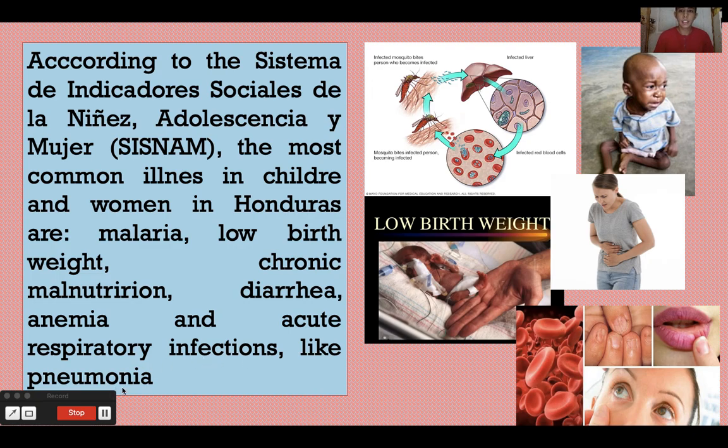Okay, so these are the most common diseases in our country. Okay, malaria, malnutrition, low birth weight, diarrhea, and anemia, and another, respiratory infections like pneumonia that attacks your lungs.